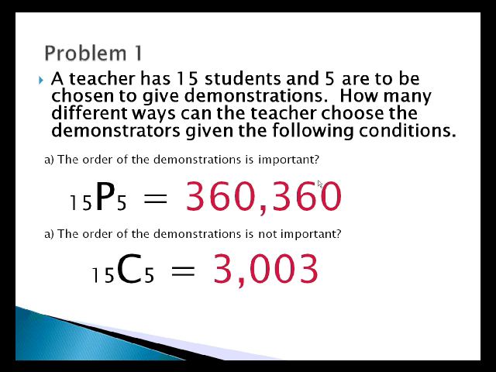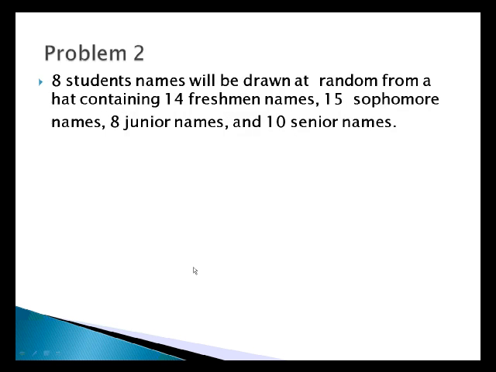Eight students will be drawn at random from a hat containing 14 freshmen, 15 sophomore, 8 junior, and 10 senior names. How many total different draws of 8 names are there? How would I do this? You would have to add them up, and what do you get? 47.